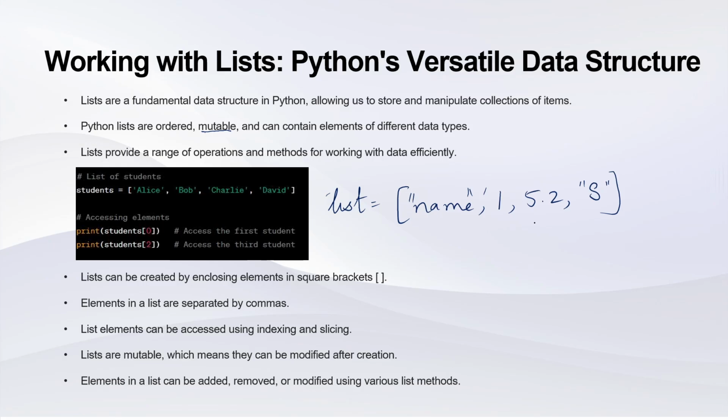This is also a list. This is one of the greatest advantages of lists, that they can contain elements of different data types. We can have lists that include numbers, strings, booleans, or even other lists, providing us with flexibility to store a diverse set of data types.